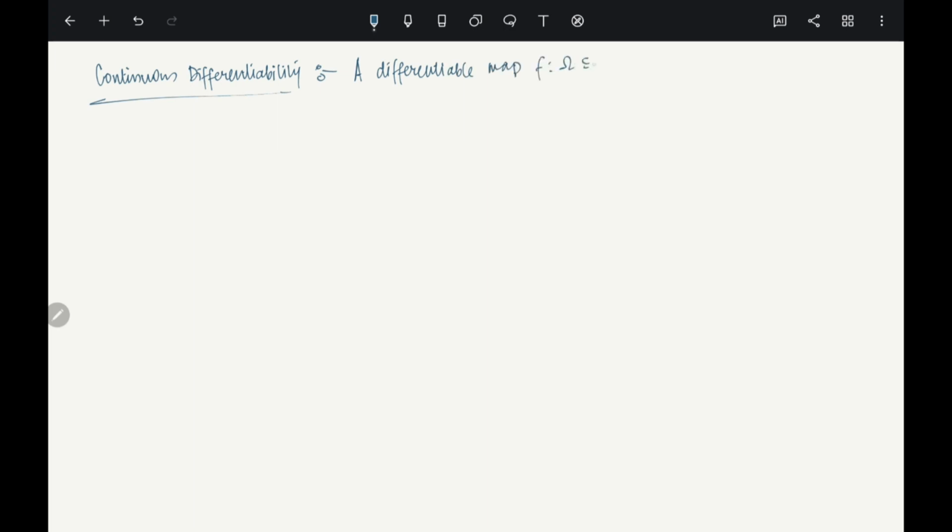Just before I finish, we need to know the concept of continuous differentiability. So what is it? It is when you are looking at a differentiable function, a differentiable map f from omega, a subset of Rn, to Rm.